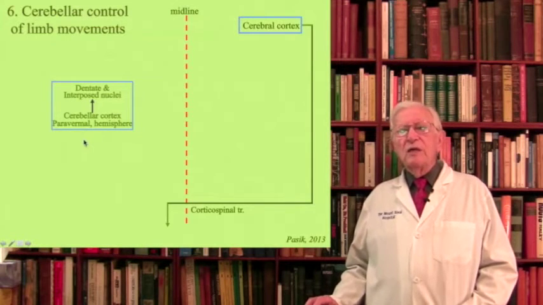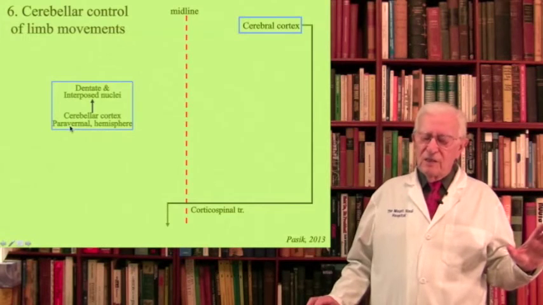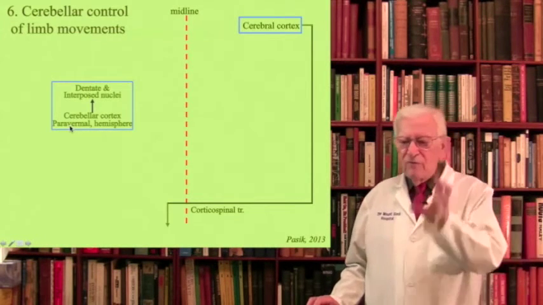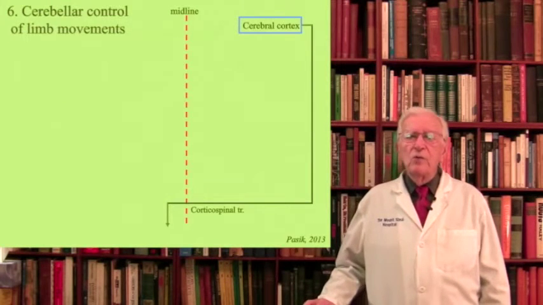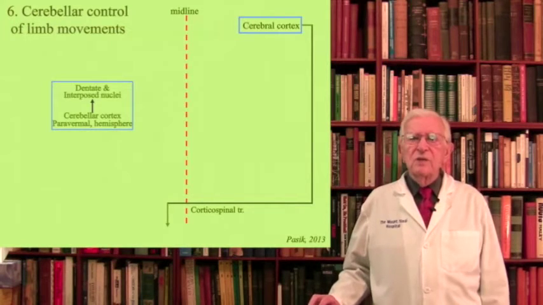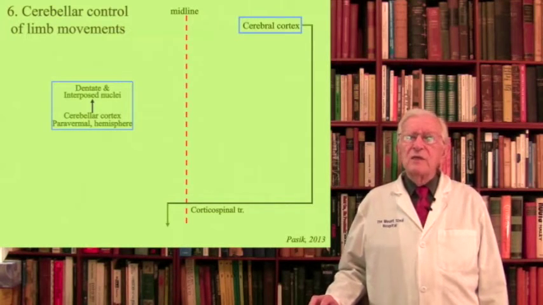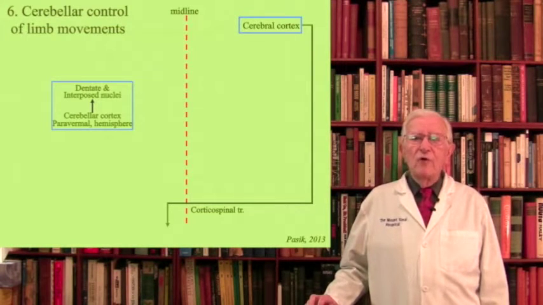And we are going to deal with the cerebellar cortex of paravermal and hemispheric slabs, not with the vermis or midline structures. And we know that this cerebellar cortex, from the previous slide, is projecting to the dentate and interposed nuclei.